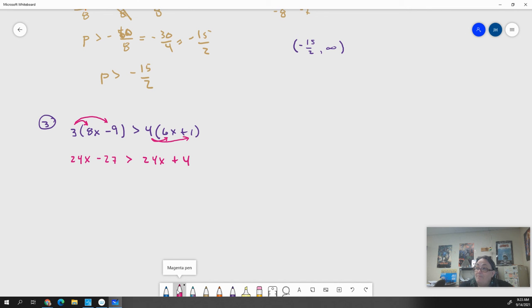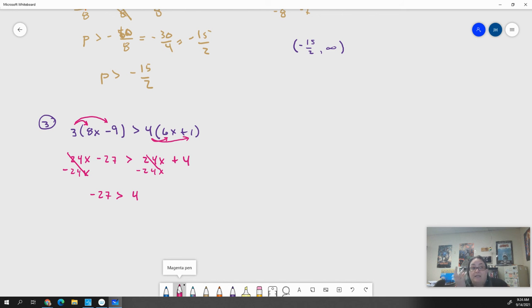So I'm going to move this 24x over. I'm going to subtract 24x from both sides. When I do that, this disappears, and I'm left with -27 is greater than, this disappears, 4. So I have a statement now, and my statement doesn't have any variables in it, right?